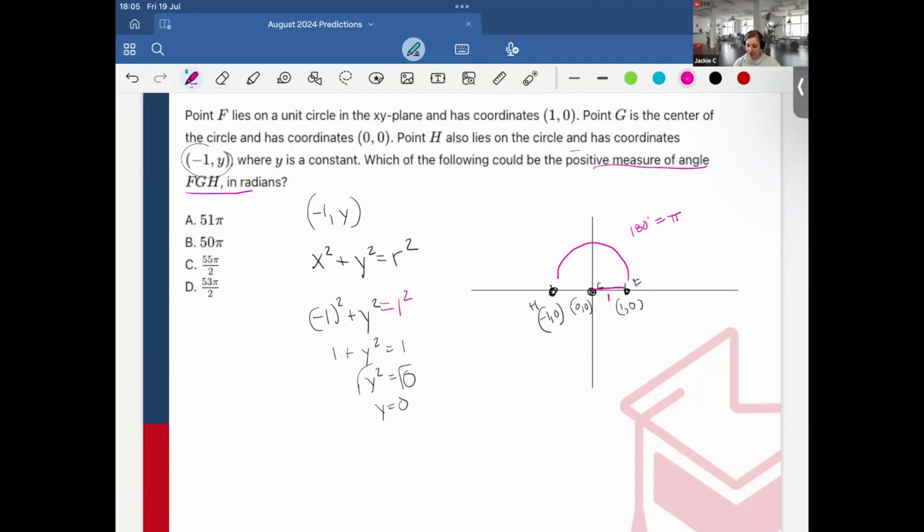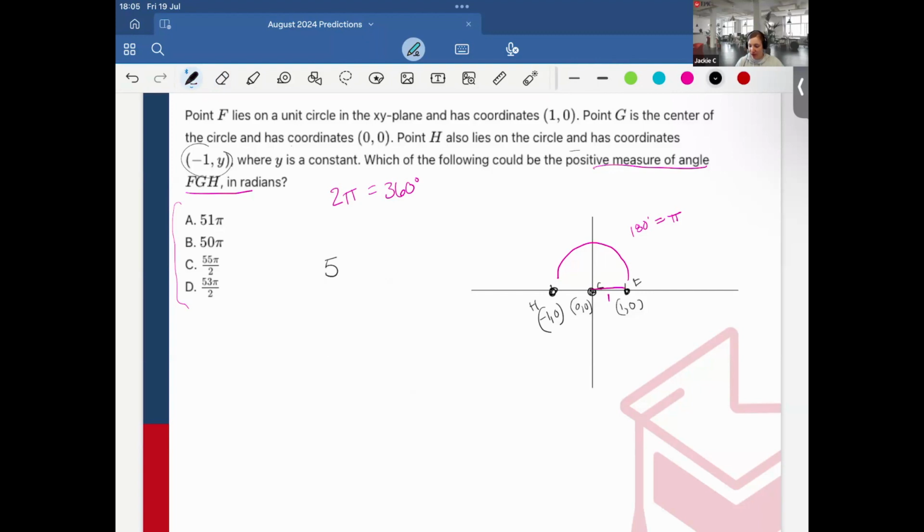And I need to see which one could equate to 180 degrees. So these look like they're dealing with revolutions of the circle. And remember that 2 pi radians is equal to 360 degrees, so that would make a full rotation of the circle.